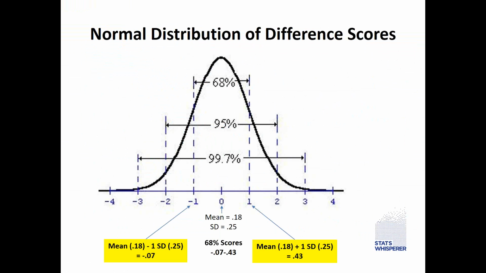If we add one standard deviation to the mean, 0.25 plus 0.18, that's a positive 0.43. So that's one standard deviation above the mean. If our difference scores were normally distributed, we would see 68% of the scores, roughly 2/3, between negative 0.07 and positive 0.43.